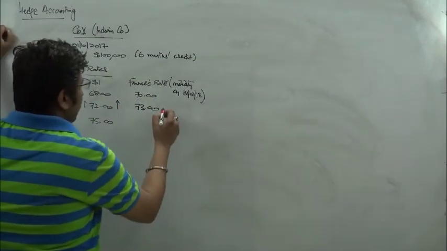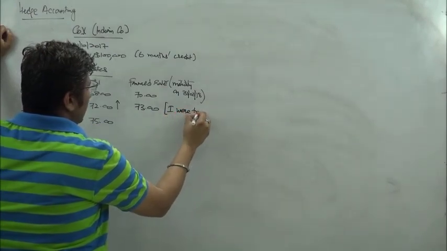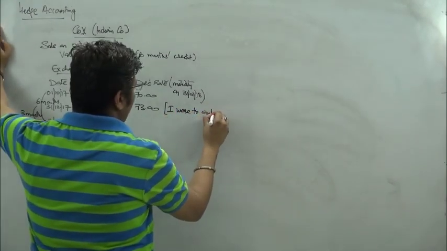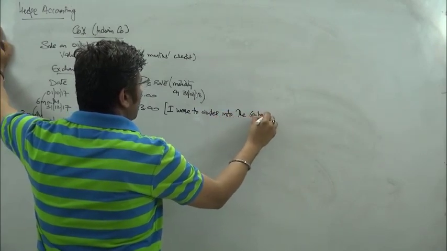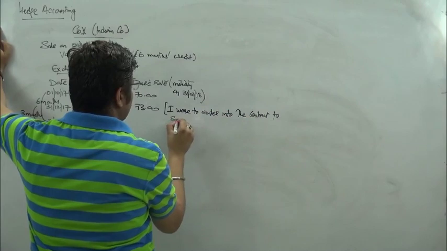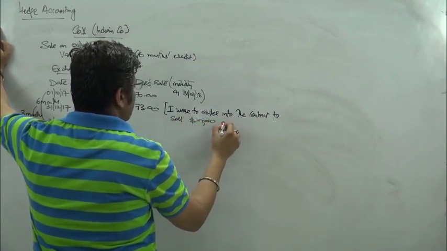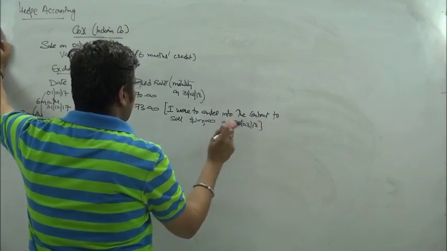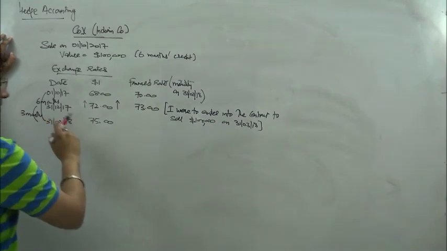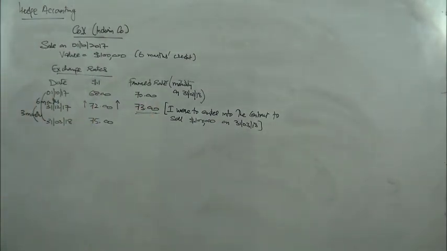I'm saying that if I were to enter into the contract to sell $100,000 on 31st of March 18, on this date, I would have received 73 rupees per dollar.